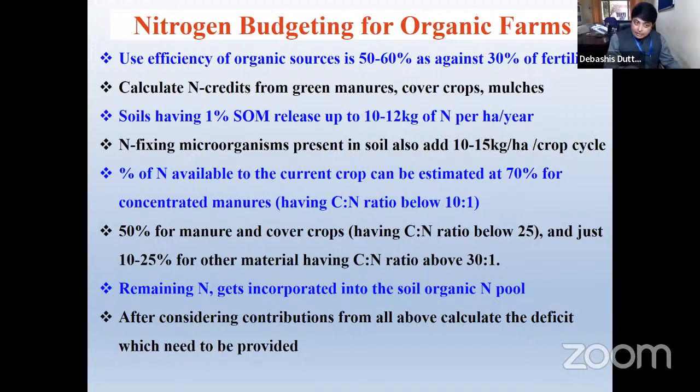But in the case of organic manure, before application we should know the C:N ratio of the organic manure, by which we can recognize whether it becomes easily available, or how much time it will take to become available for plant uptake.